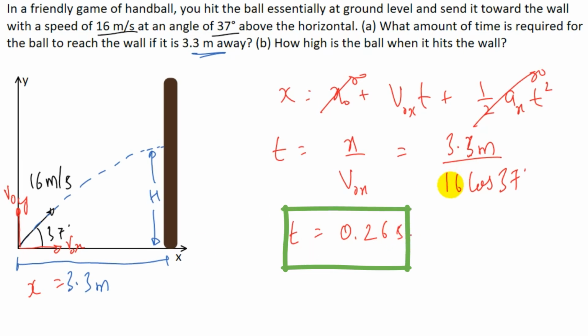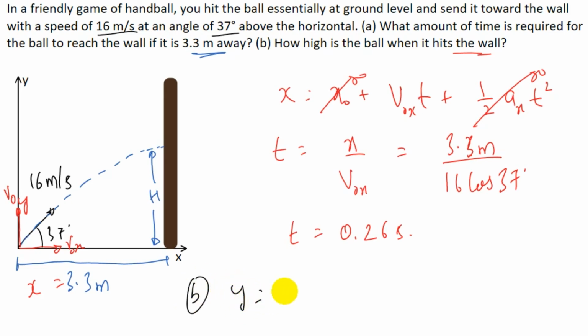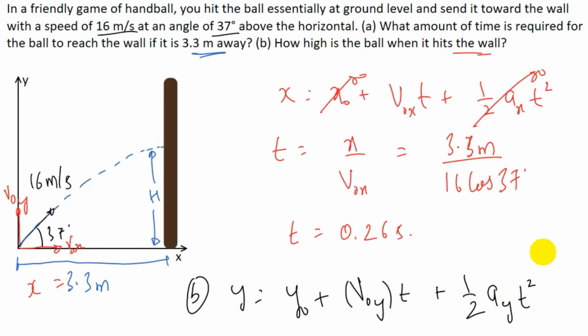Now next in the B part it says how high is the ball when it hits the wall. So this height h we have to calculate. For that we can use this equation, y equals y naught plus v naught y times t plus 1 over 2 a y t squared.